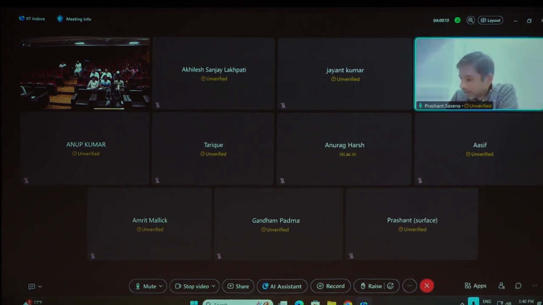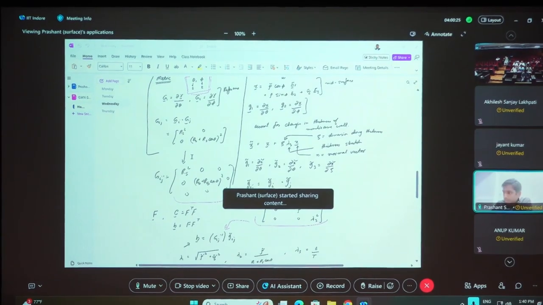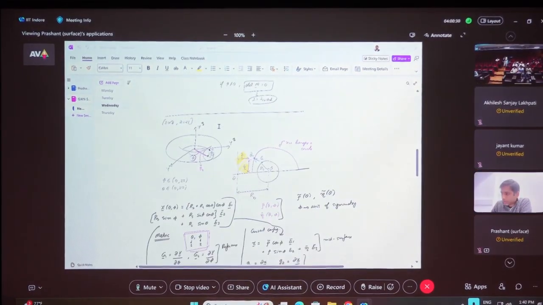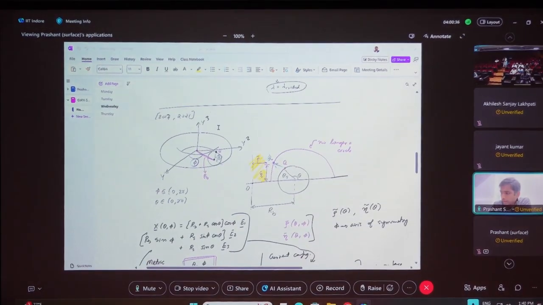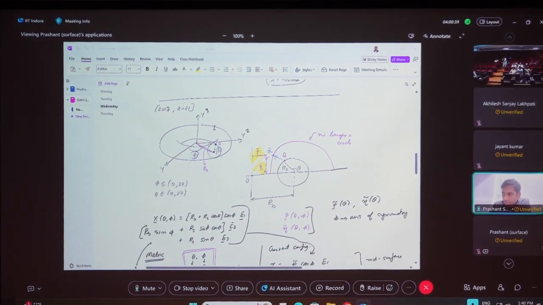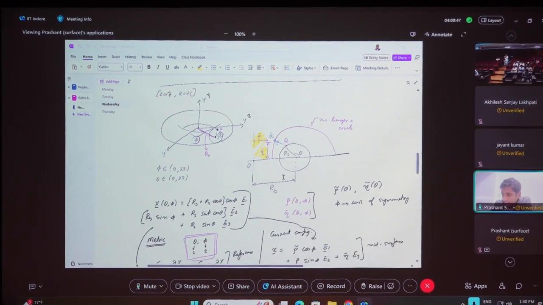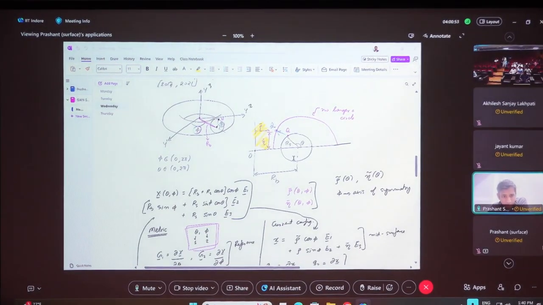So let me share my notebook again, so we can have a look at that. Yeah, so this was a problem we were looking at yesterday. Just to remind you, we had a torus with a cross section that was circular, that's the cross section here, and then there is some pressure inside of it, and there is some applied potential difference.